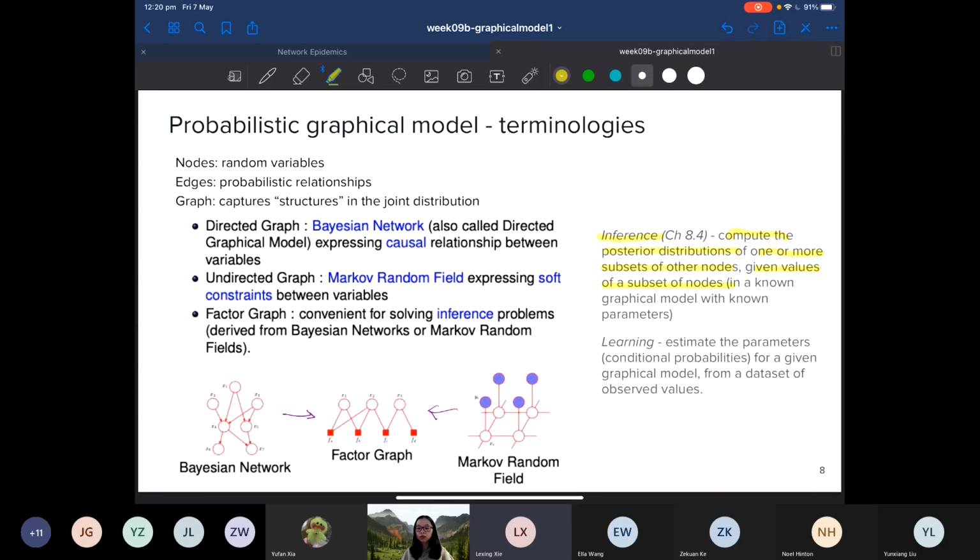And here we're assuming that the conditional probabilities or the parameters of, let's say, the Bayes network or Markov random field are known, right? Known graphical model, and the graphical structure is known. Related to that, there is a task of learning the parameters of graphical models with a given graph structure, which is in your home assignment, right?